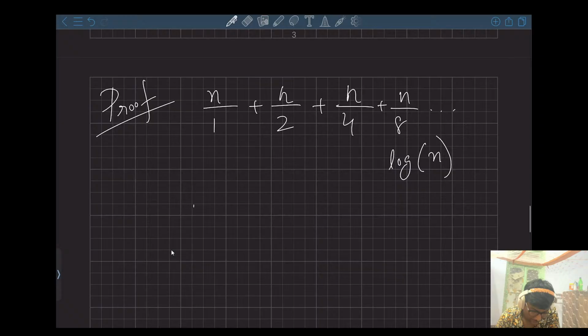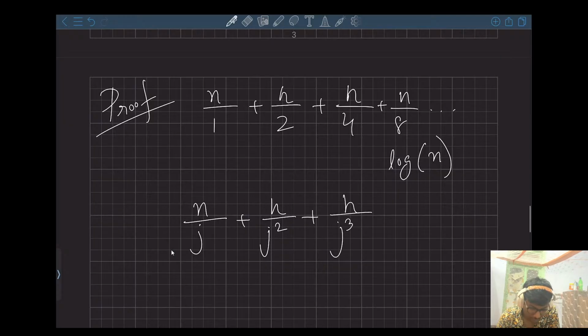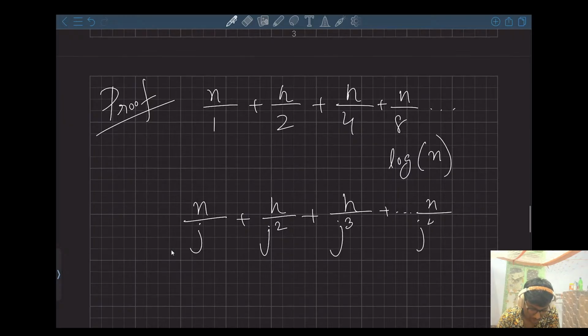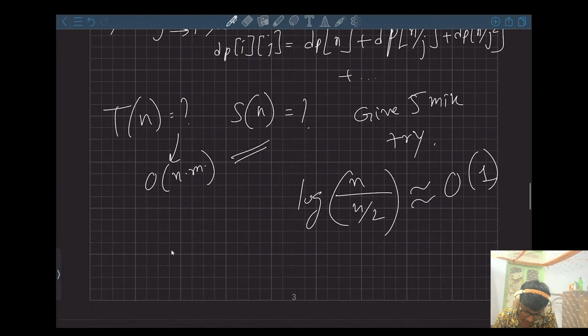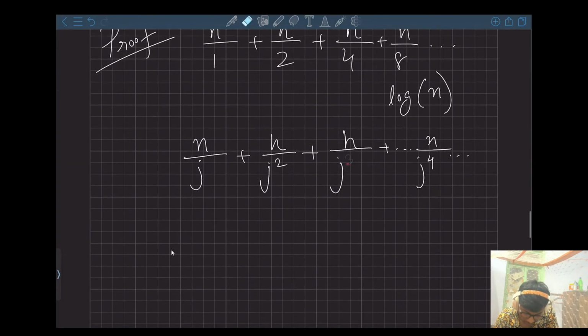We have n by j plus n by j square plus n by j cube dot dot dot. Let's say j to the power 4, j to the power 8. Let's do it for this case. We can prove that those are almost equivalent.